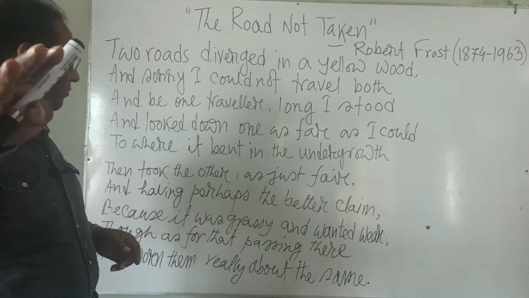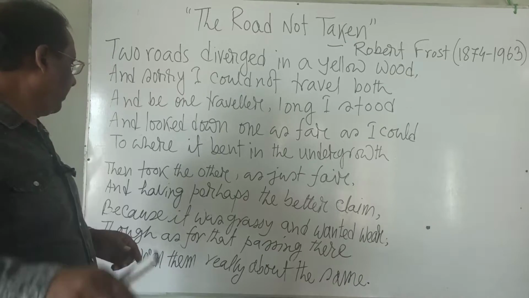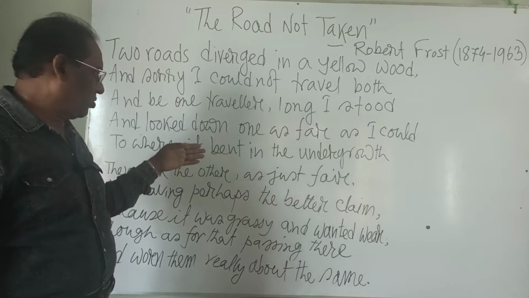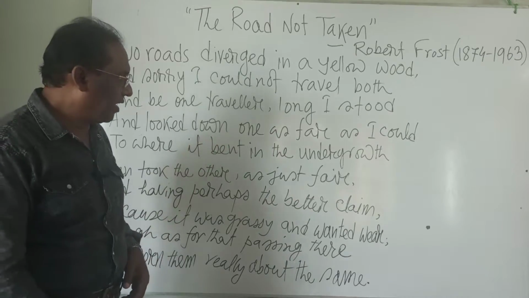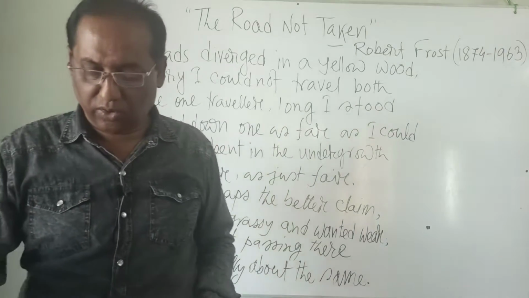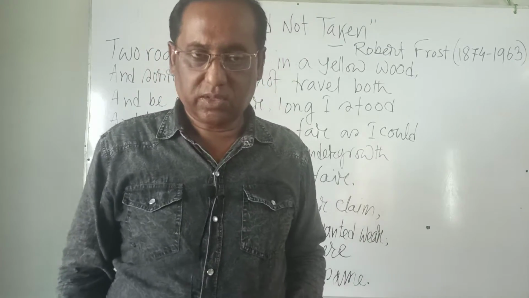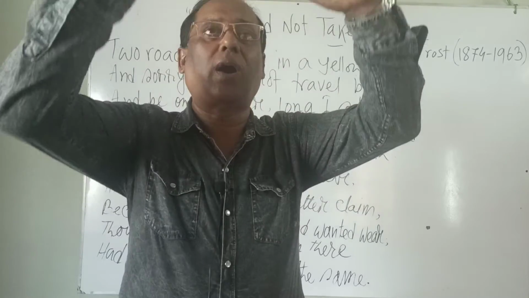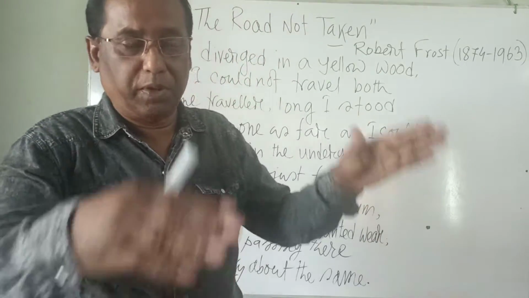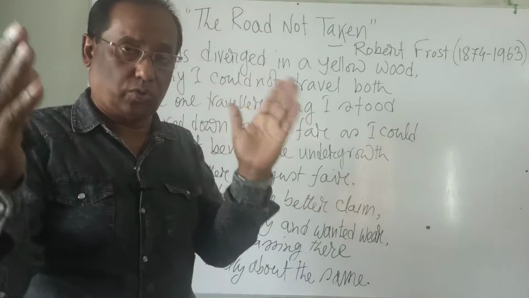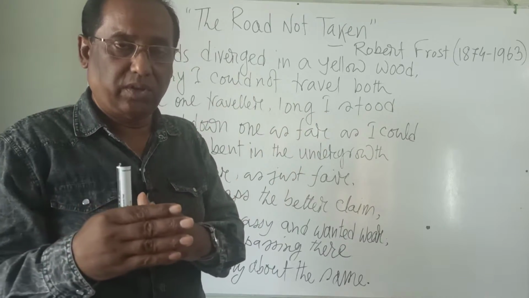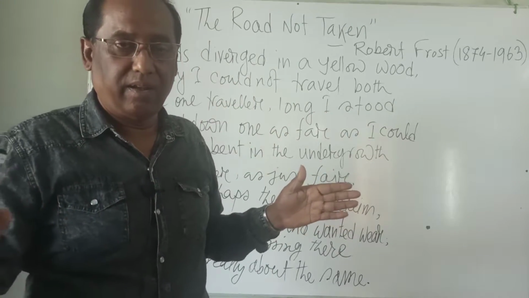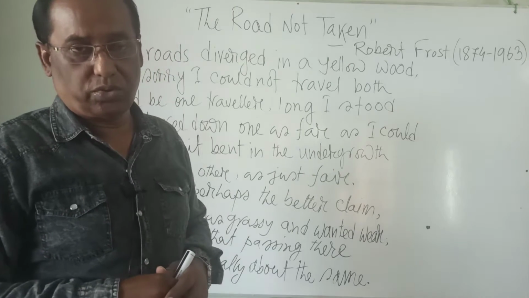And the traveler finds that the road bends in the undergrowth. Undergrowth means grass and weeds which have grown so high. Because of this undergrowth, the poet can no longer see the road.